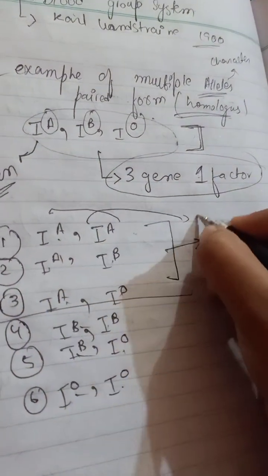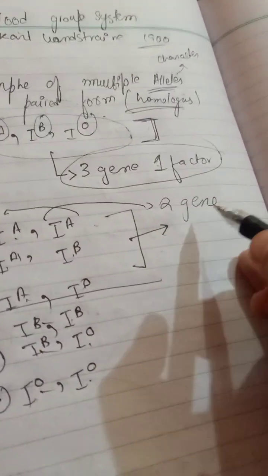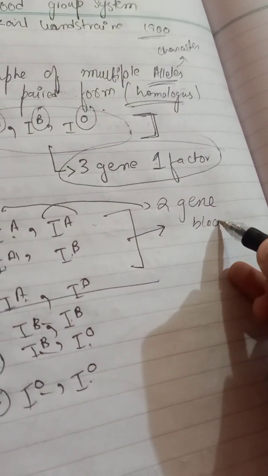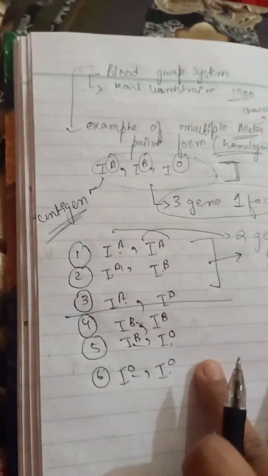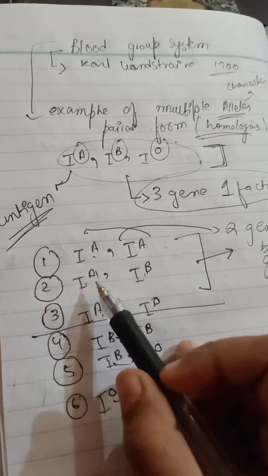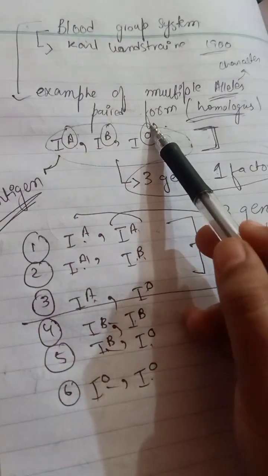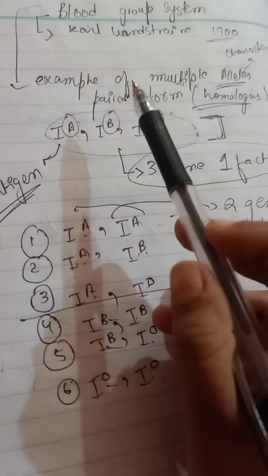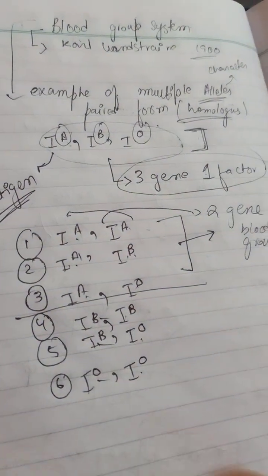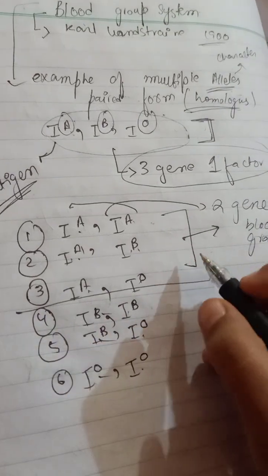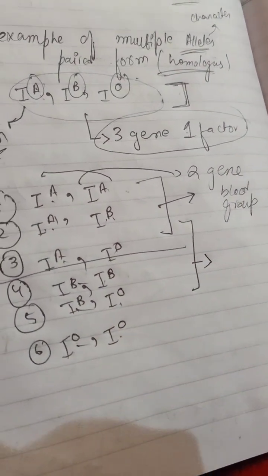So AA, AB, AO, BB, BA, OO. We have four blood groups.